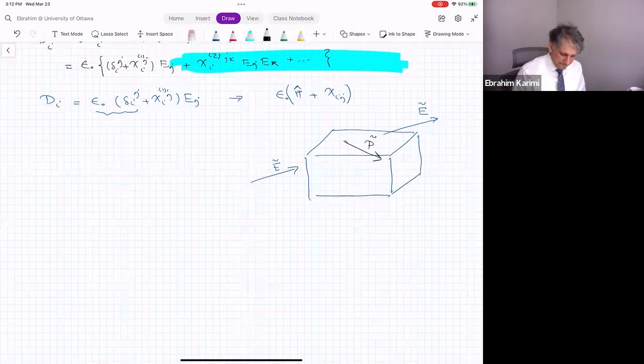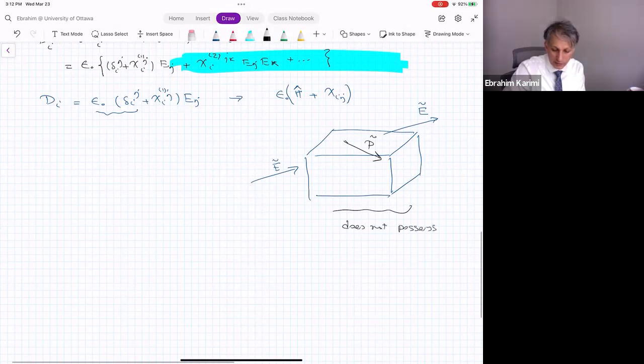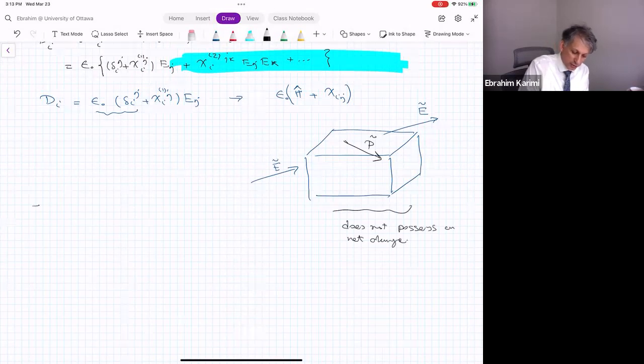Good. Now the question that we have is what is happening essentially when the material does not possess a net charge? Then what is going on with the potential?